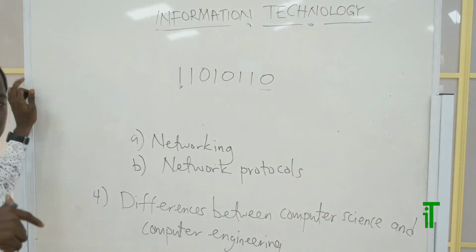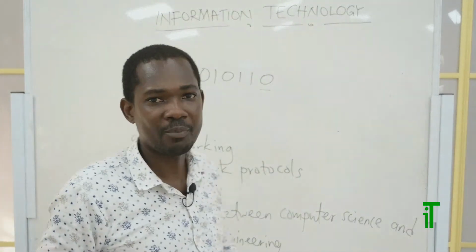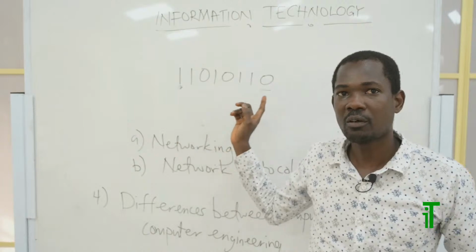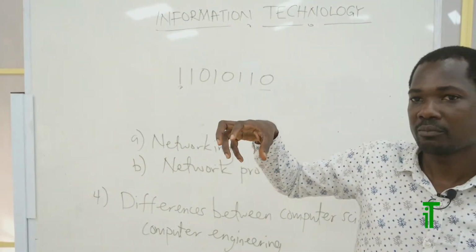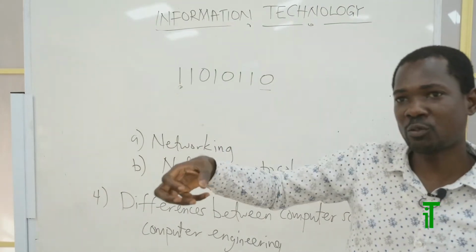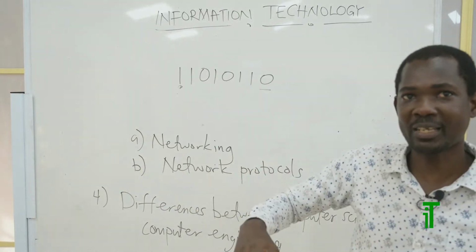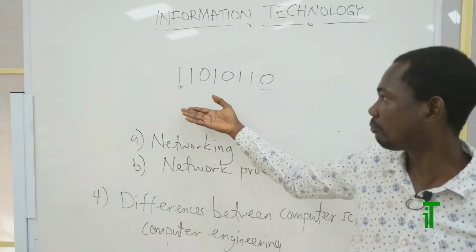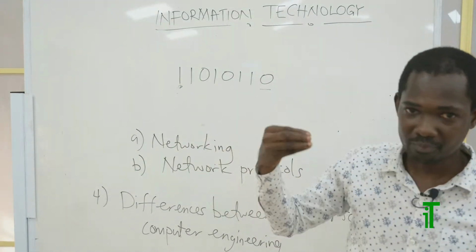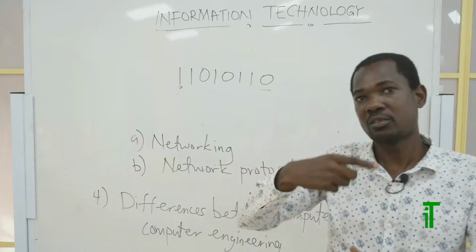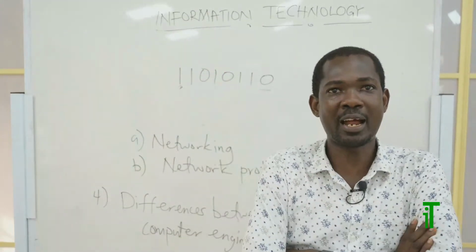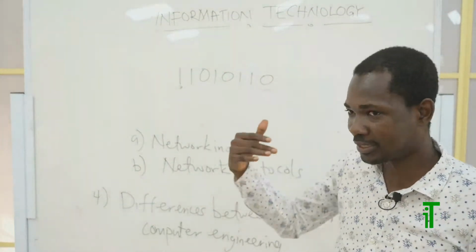So that's how the computer receiving this information or data receives those electronic signals, and the computer is able to decode from the binary into the character whose binary was sent.